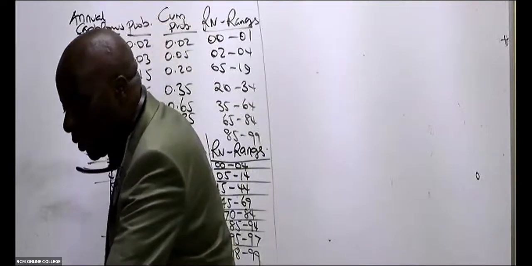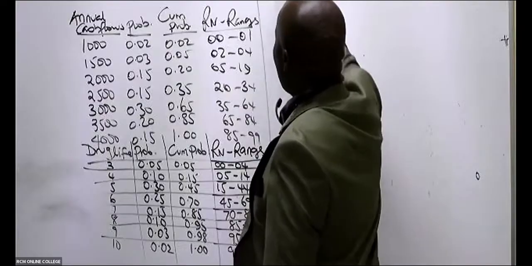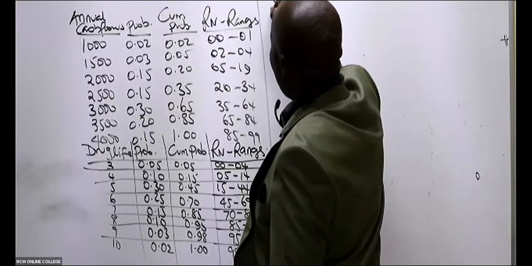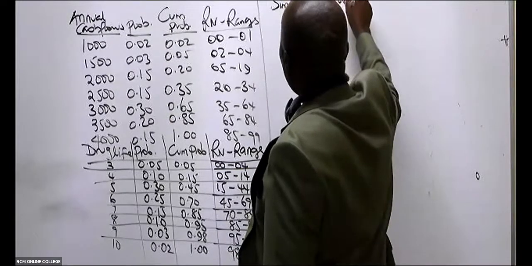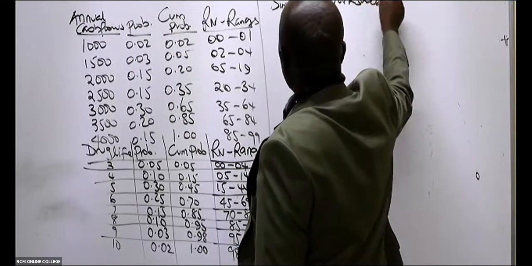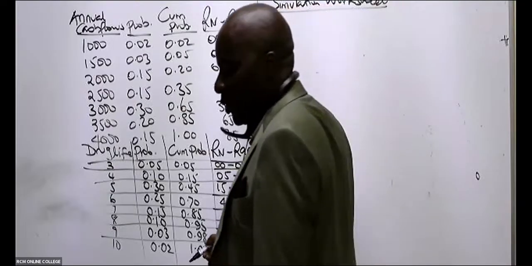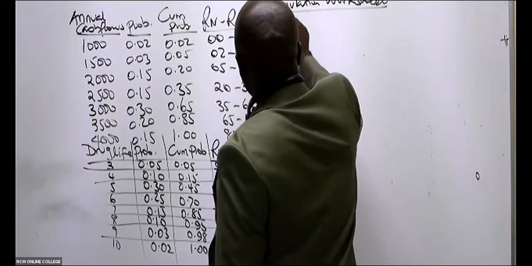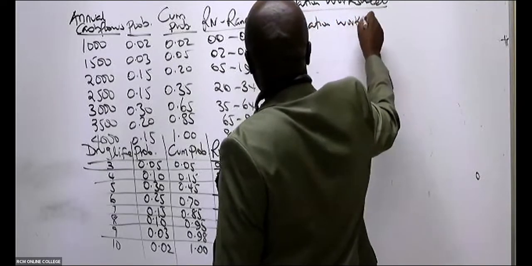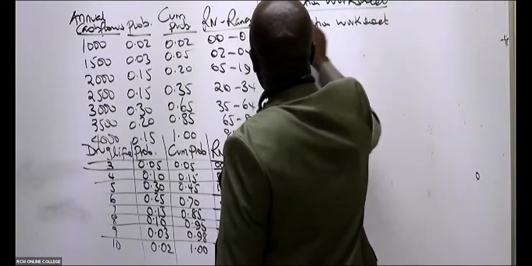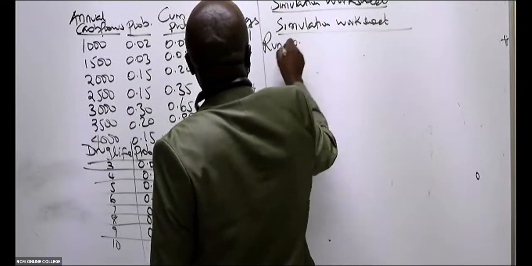Now from there, you'll be able to go and prepare the last thing, which is known as a simulation worksheet. Let me write it down here. So this simulation worksheet, you shall start here with run number.